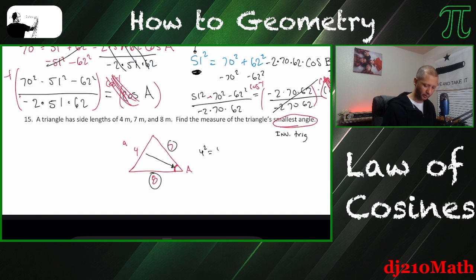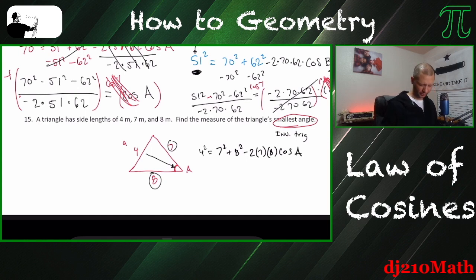So 7 squared is 49. Actually, let's just put it as 7 squared so you can see it. 7 squared plus 8 squared minus 2ab cosine of the angle that's across from the side that we're looking for. So we're going to call this A.